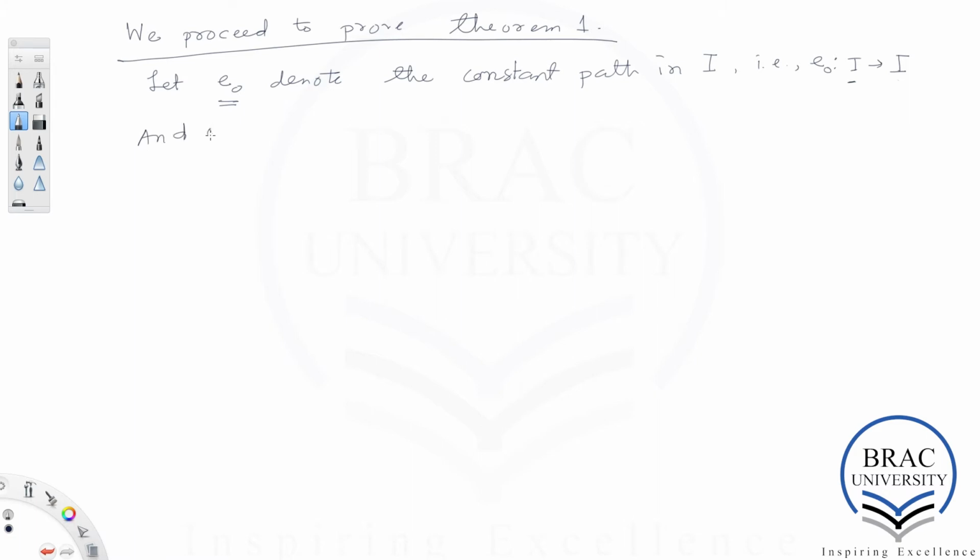Now we denote by small I the identity map from I to itself, and it can also be considered as a path in I. How do we define this identity map?